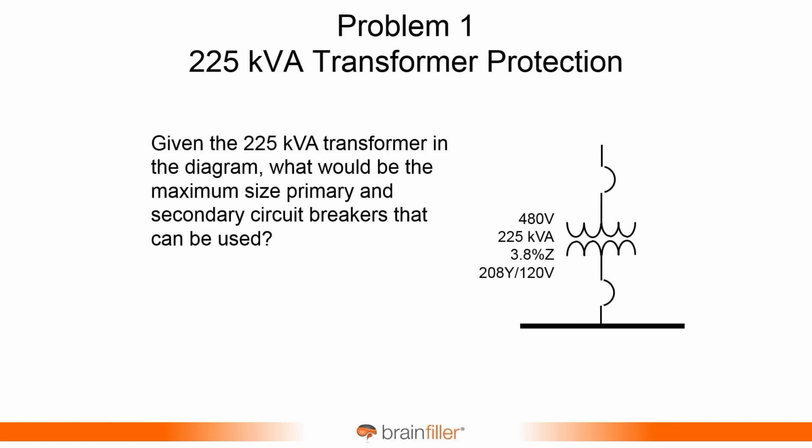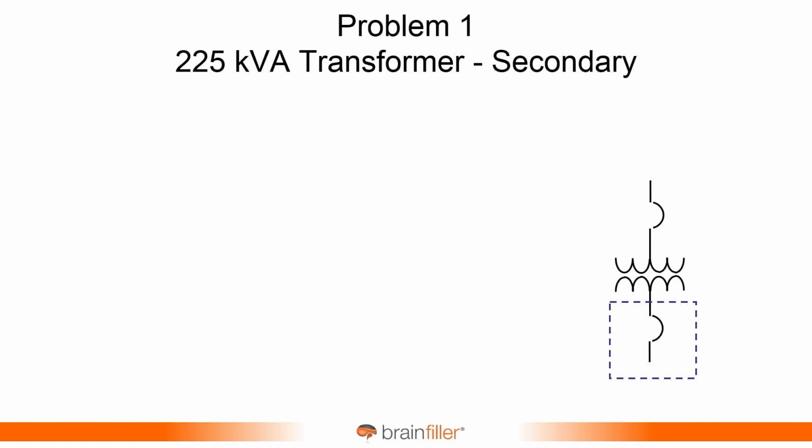So a 225 kVA transformer, everything is a function of load current. Primary load current and secondary load current. So the first place to begin with when you're selecting transformer protection is begin on the secondary. You might think, why the secondary?